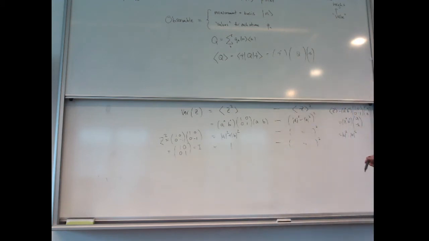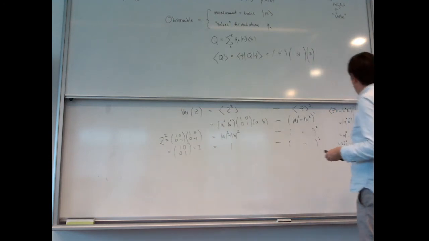Alright. I think it's useful to do the Bloch sphere parametrization here. So if we do that, this is cosine squared theta over 2 minus sine squared theta over 2, and this is cosine of theta, right?